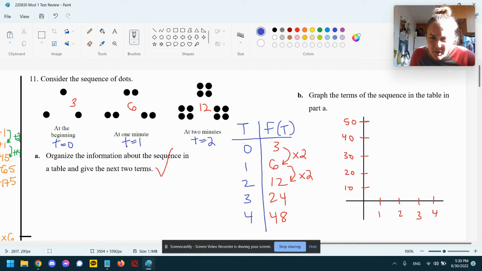To put my dots in, 0, 3 is down here. 1, 6 is a little bit more than halfway between the 10. 2, 12 is a little bit higher than 10. 3, 24 is almost halfway between 20 and 30. And then 4, 48 is almost near 50. Again, we don't connect the dots. If we did, it would look like this, but we don't.